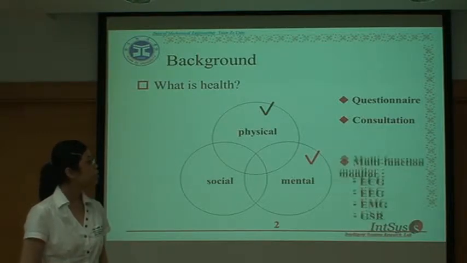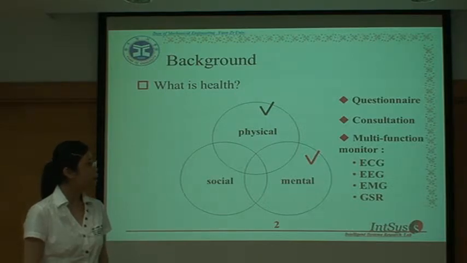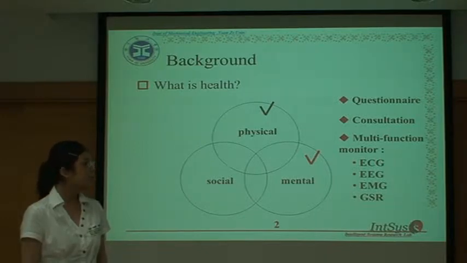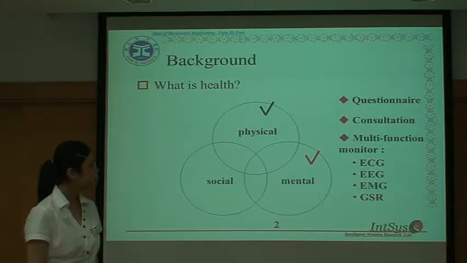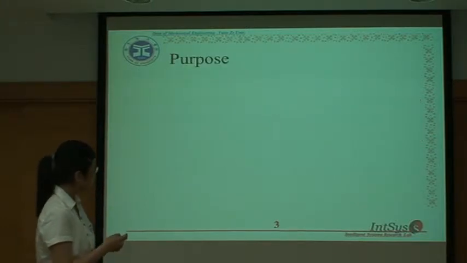And some people use multifunction monitors, detecting physiological signals like ECG, EEG, or EMG to assess the mental stress condition. But this method is too complex and the machine is high priced.